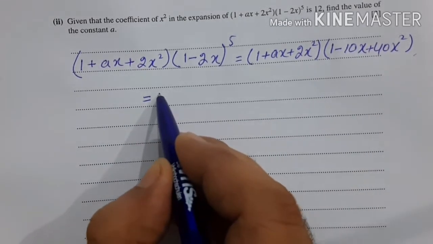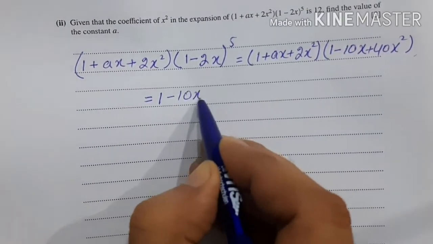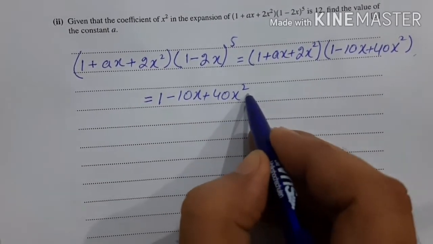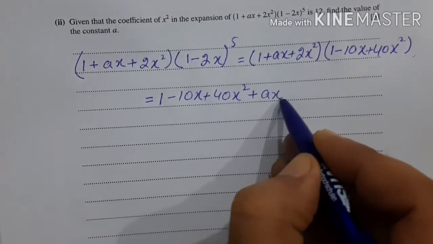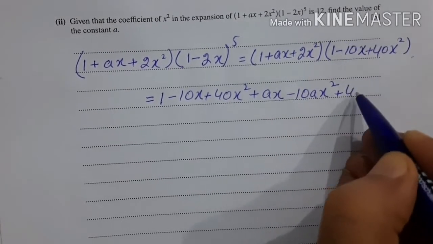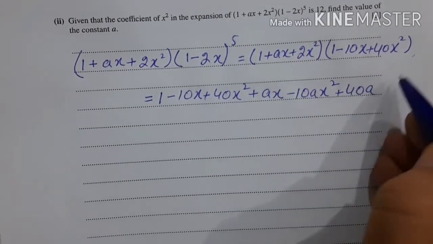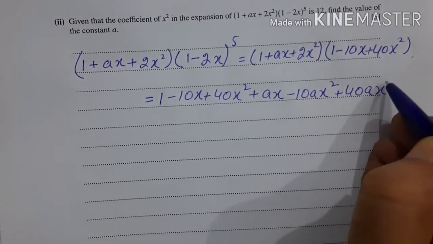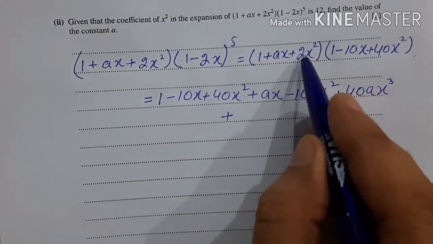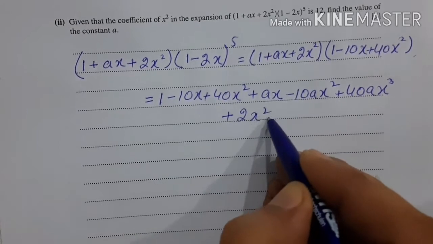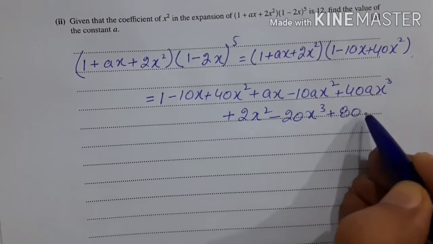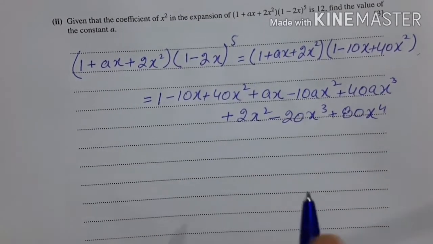It will be 1 minus 10x plus 40x square, plus ax minus 10ax square plus 40ax cube, plus 2x square minus 20x cube plus 80x4.